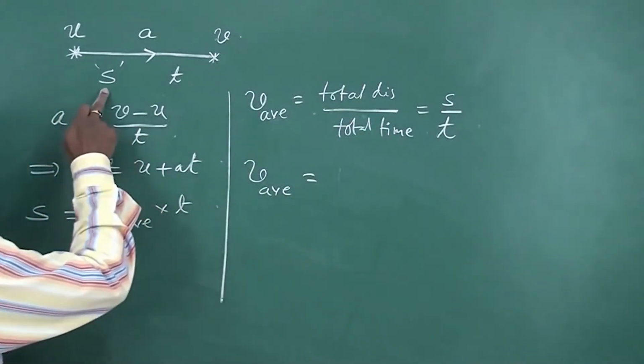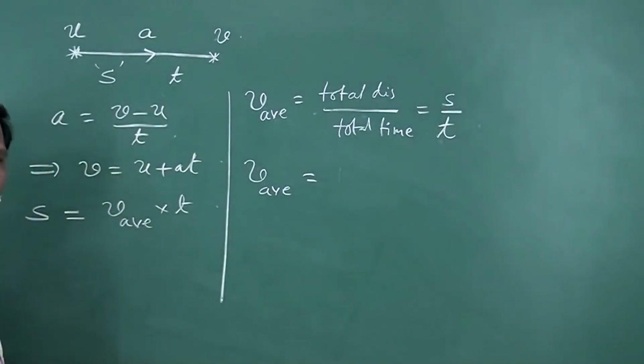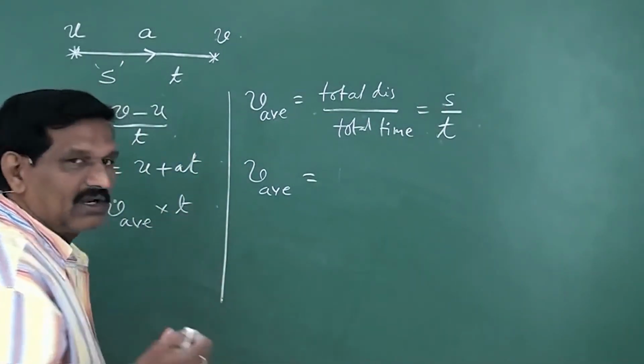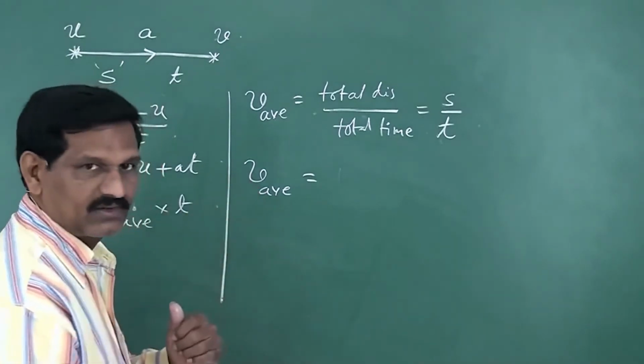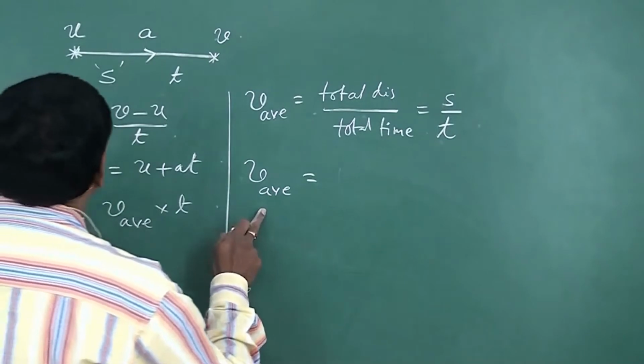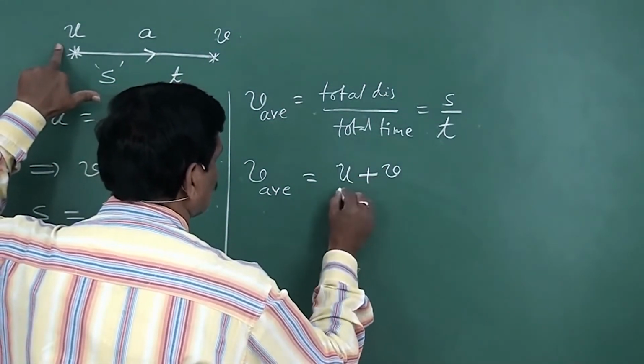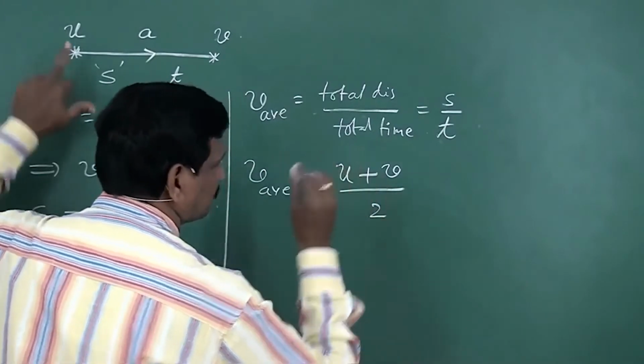Here total displacement is s and time taken is t, so s by t. But the general definition of average means initial plus final by 2. So V average is equal to initial velocity u plus final velocity v, so u plus v by 2.